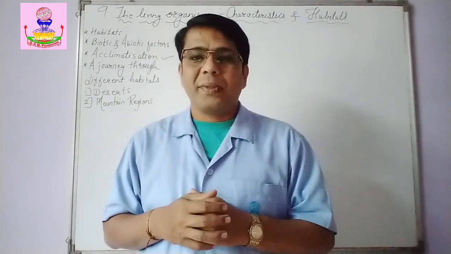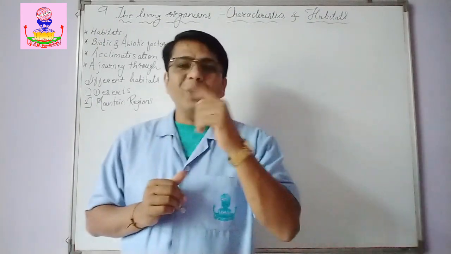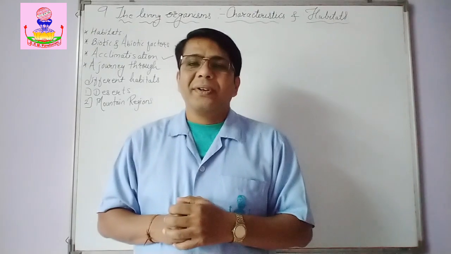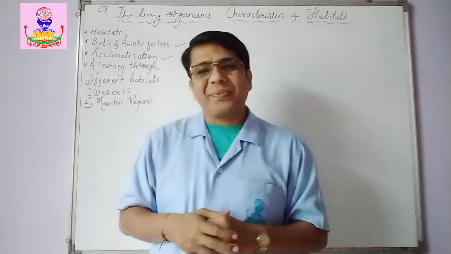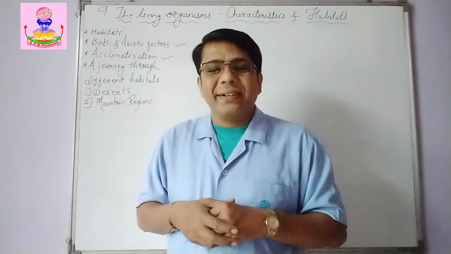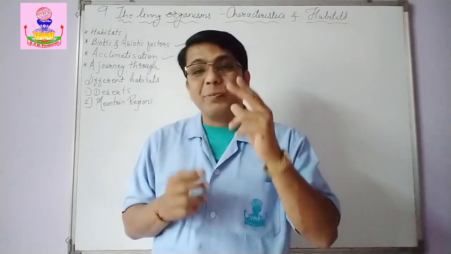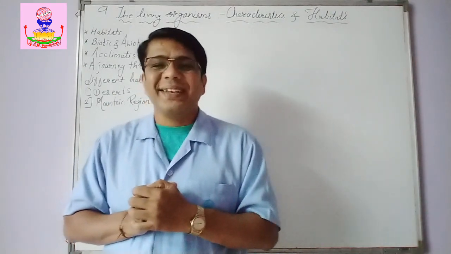Now, as I have said, abiotic factors are important. So let us do one activity. We know that when seeds are soaked in water and kept aside, they sprout. We have seen the sprouting of chana and moong.